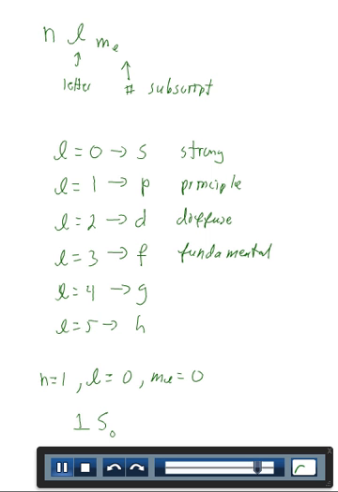If N equals 2, L equals 1, and M sub L equals, say, 1, we would write 2 for N. L equals 1 is given the P letter, and the M sub L will be a subscript, so we'd write a subscript 1. This is a way we can write in shorthand notation the 3 quantum numbers, N, L, M sub L, for the hydrogen atom.